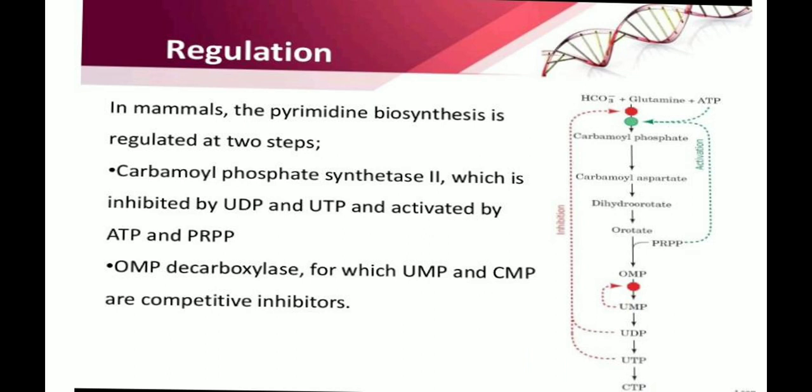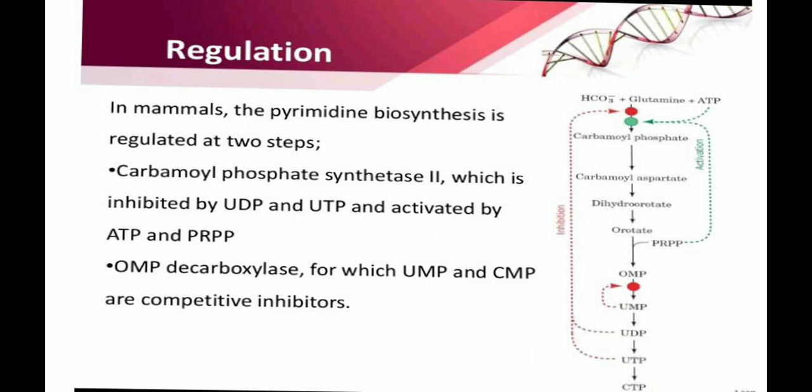Then the second step is the OMP decarboxylase enzyme, for which UMP and CMP are the competitive inhibitors. Competitive inhibitors means there is a competition between inhibitor and substrate, as I told you about enzymes and substrate. When a specific enzyme is required, it binds with that specific substrate and the reaction is very strong.